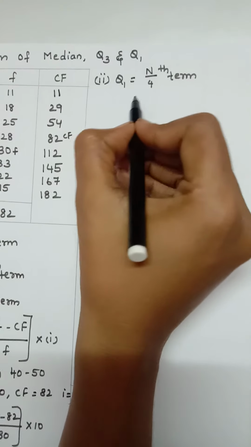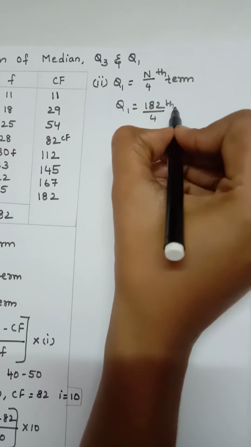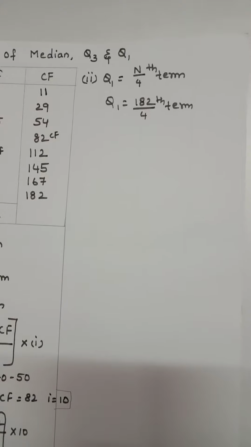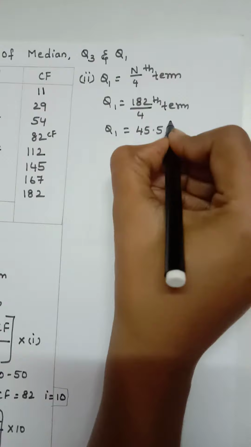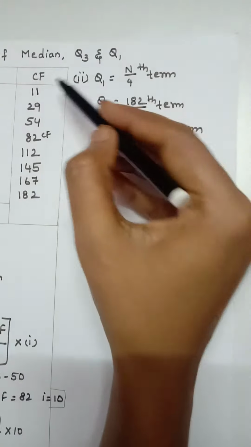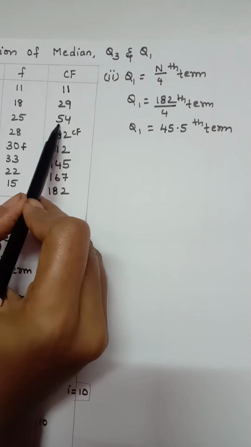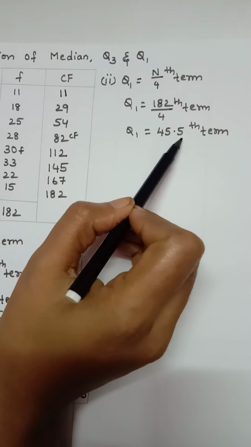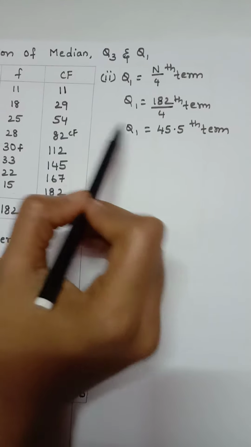So Q1 is 182 divided by 4, which is the 45.5th term. We need to check where 45.5 lies in the cumulative frequency. It is lying in 54. The number before it is 29, which is less than 45.5. So we consider 54 as the cumulative frequency for Q1.